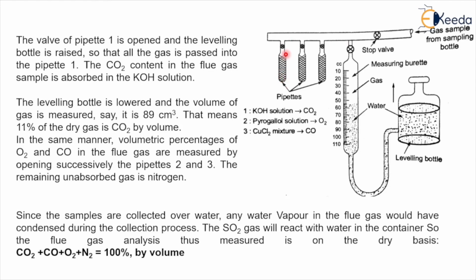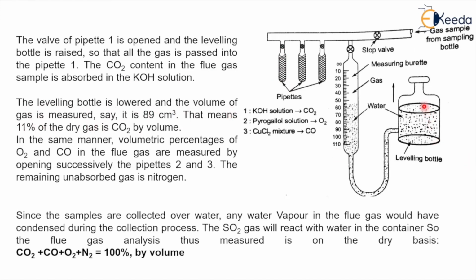Whatever CO2 content is in the flue gas will be absorbed in pipette 1, which contains KOH solution. Now the leveling bottle is lowered and the volume of gas is measured.